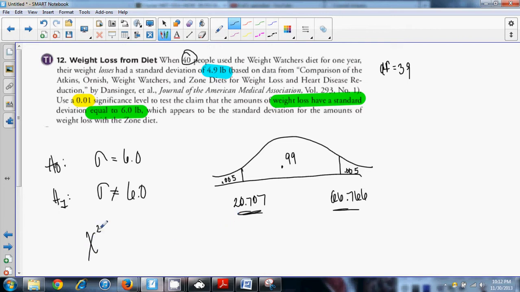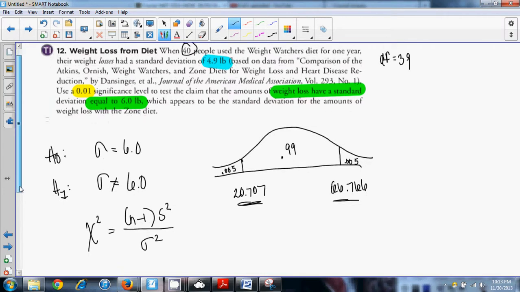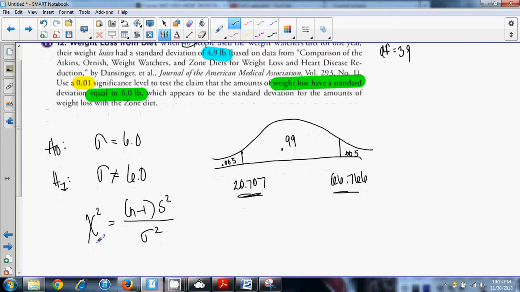The chi-square test stat is going to look familiar. It looks a lot like the confidence intervals, right, that we used. No square root, none of that. N minus 1, we'll still go ahead and use 39 here. S squared is what we actually have, so that's 4.9 squared.